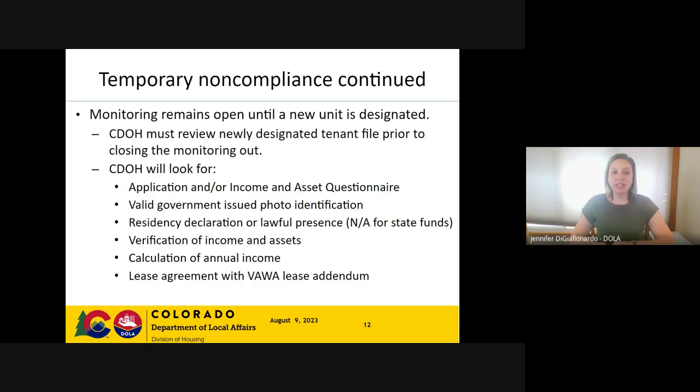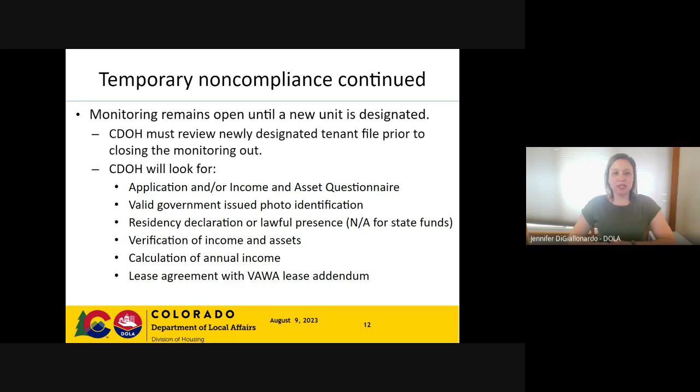We're looking for verification of income and assets. All income and all assets must be verified, no matter the value, the dollar amount. We're going to be looking for a calculation of annual income as well. We want to make sure that that calculation is exactly as we see it in the file. So we're making sure that the proper wages are being calculated, all of that good stuff.